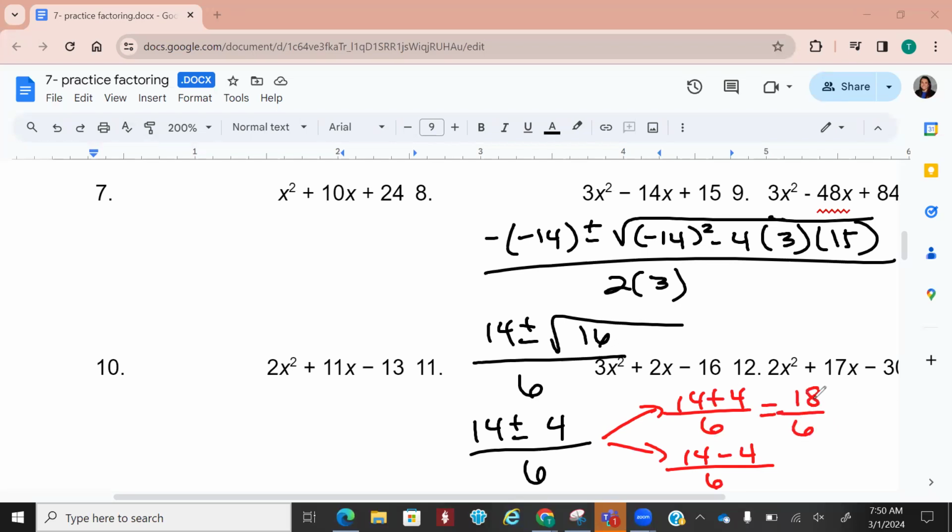And then you're going to say to yourself, 18 divided by 6 is what? 3. On the bottom, down here, 14 minus 4 is 10. And both of these are divisible by what? 2. So 10 divided by 2 is 5. 6 divided by 2 is 3. Can you see it?